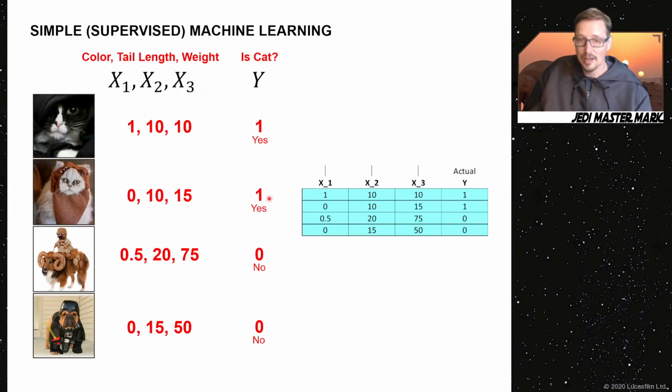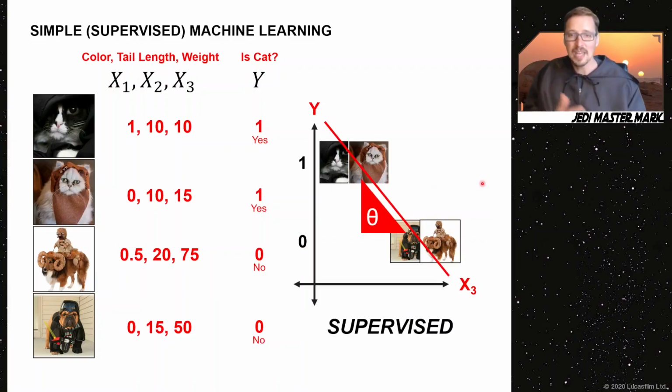So we're going to put those as 1. No, this is not a cat. No, this is not a cat. These are both dogs. So those would be a 0. So now we have our Y put into this table as well. And so this is the actual response or actual label. We haven't made the model yet to predict that.